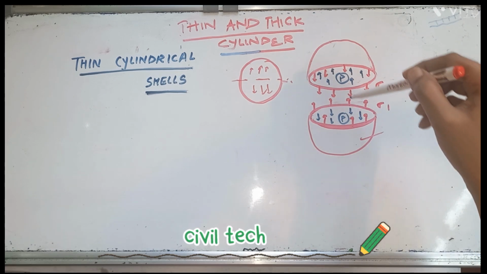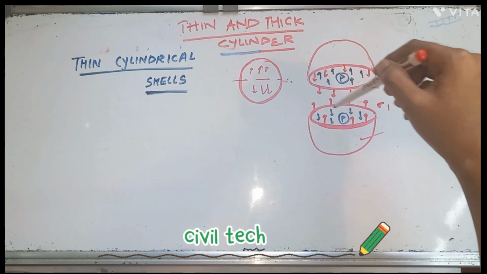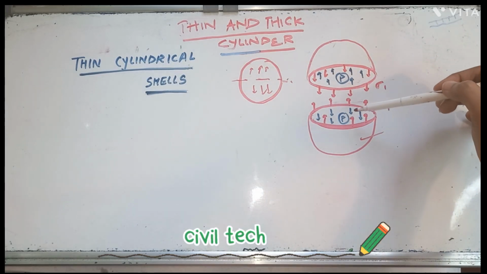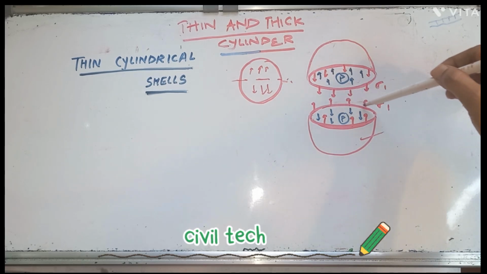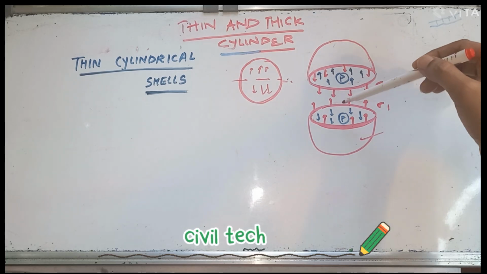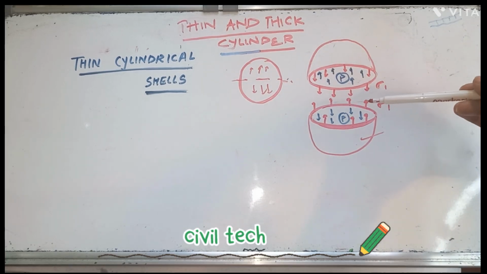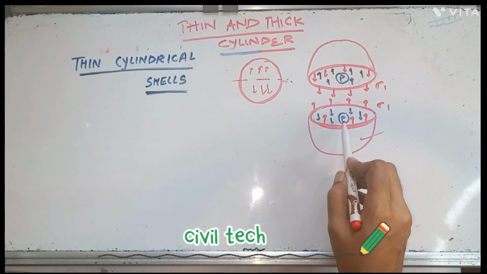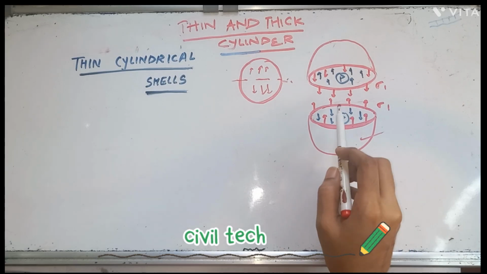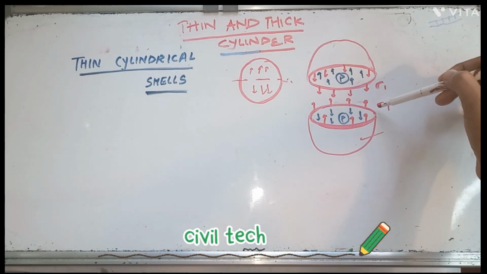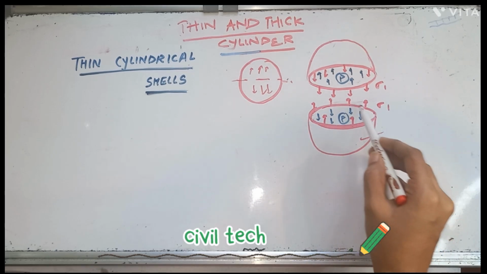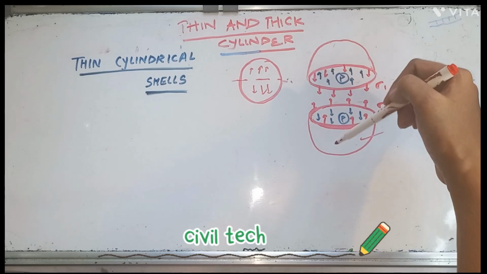When we look from the top, we will see this pressure acting on a circle of area pi d square by 4. In order to resist this pressure, a resisting force is generated in the material due to the stress, which is acting upward, in the opposite direction of the pressure, along the perimeter of the circle, that is, along which it got separated.